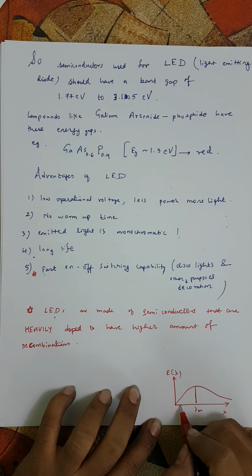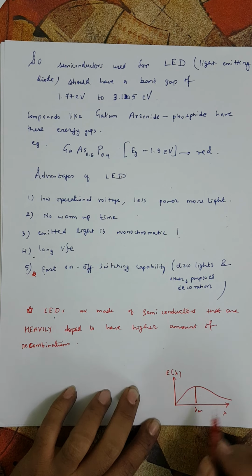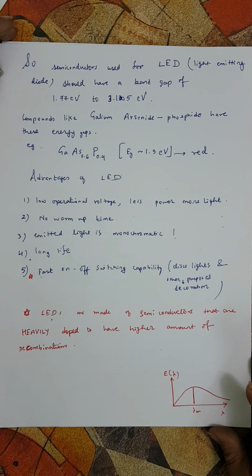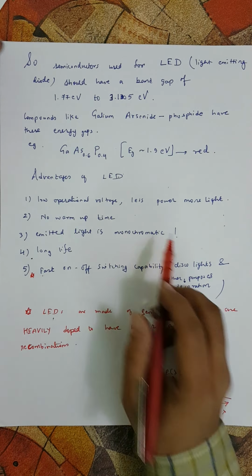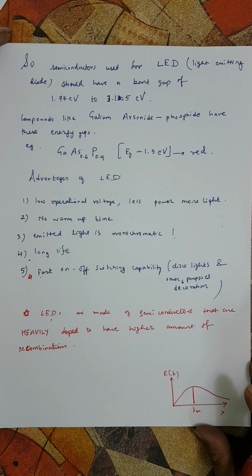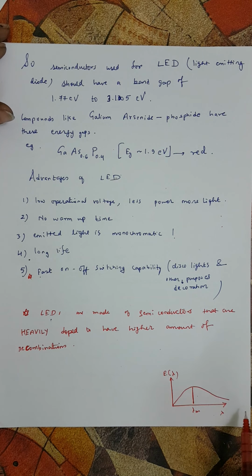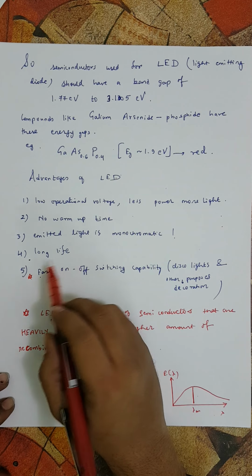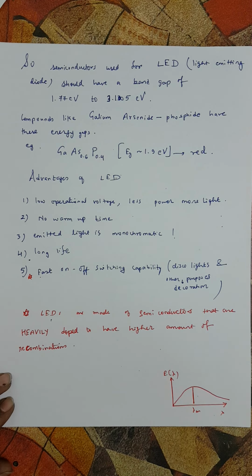So lots and lots of photons of different wavelengths with different energies are emitted in black body radiation, which happens in incandescent lamps. But here we can get exactly monochromatic light. Why do we require monochromatic light? Maybe we want to do some experiment, maybe Young's double slit experiment. For that we can't use different wavelengths, otherwise no fringe pattern will be formed. So there are many uses of monochromatic light. And then long life. I don't know how that is, but yes, a longer life than an incandescent lamp.